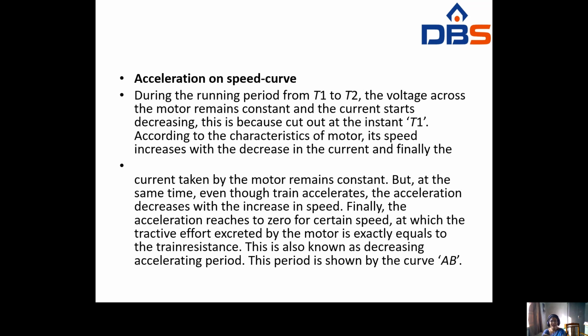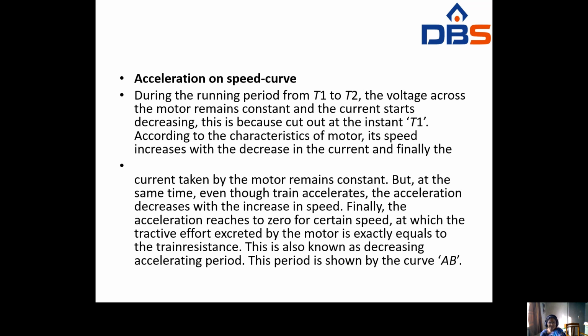Next, which period? Acceleration on speed curve. During the running period T1 to T2, the voltage across the motor remains constant and the current starts decreasing.